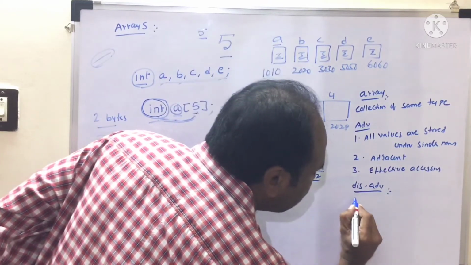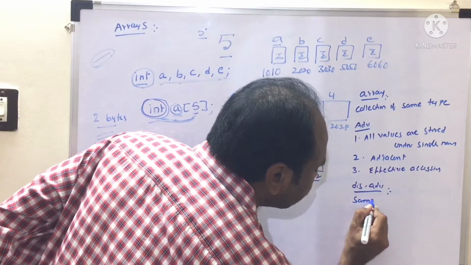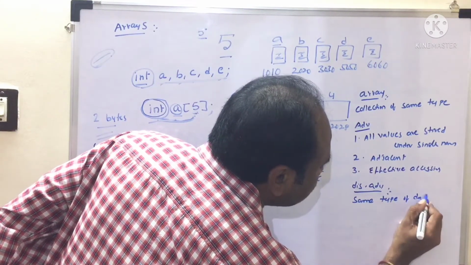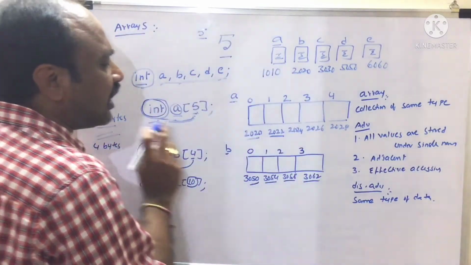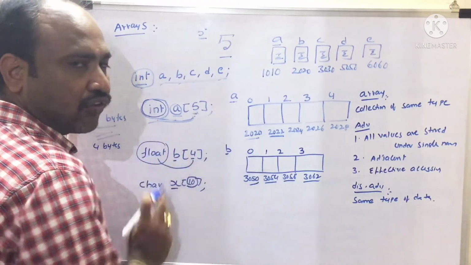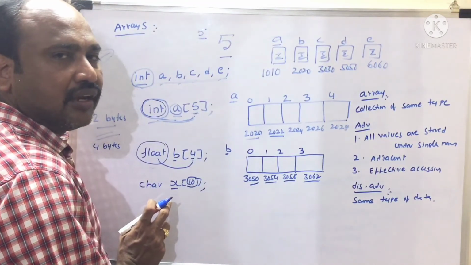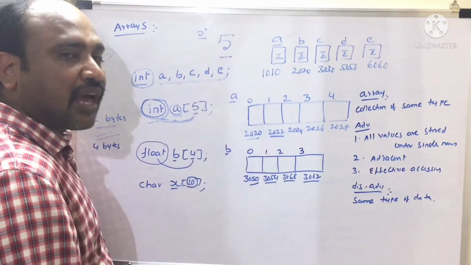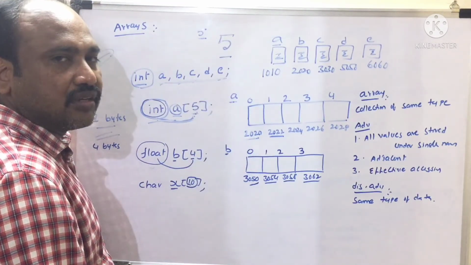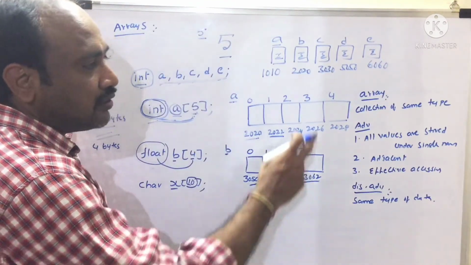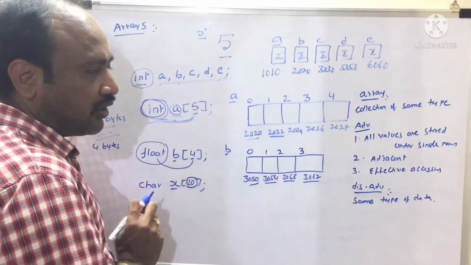It can store the same type of data only. Means if the array is an integer array, I can store only integer values. If the array is a float array, I can store only float values. If the array is a character array, it can store only similar type of data. To overcome this problem, we have one more concept, that is structures. Under a single name, we can store different values. This is regarding array introduction.